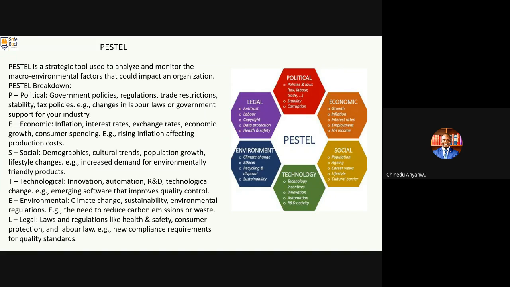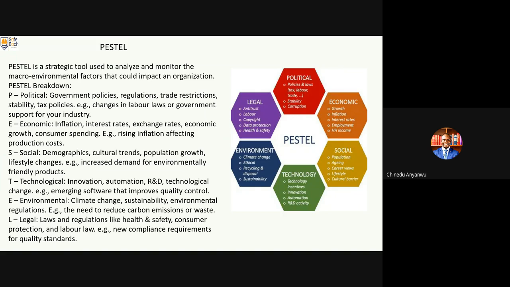Inflation, interest rate, exchange rate, economic growth, consumer spending. These are economic issues. If you are into a business that is heavily FX dependent, you understand that changes in exchange rates can be a big economic factor for you as a business.